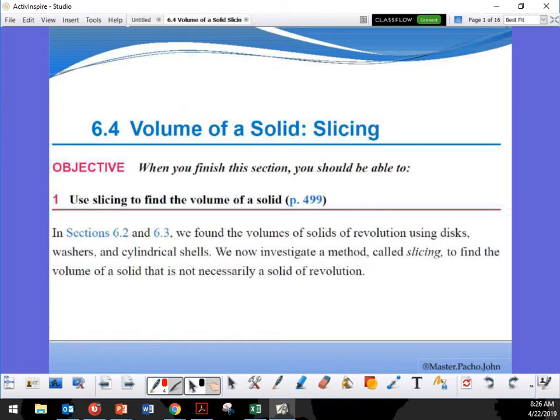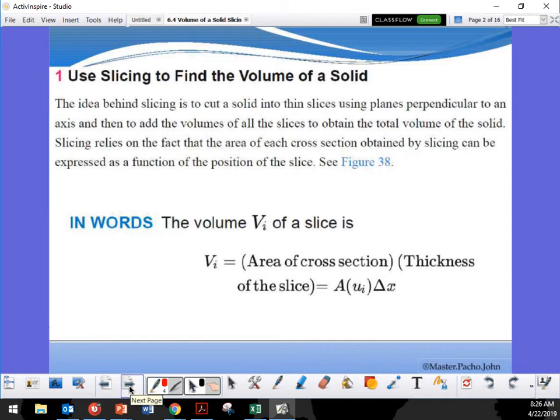Okay, hello. All right, volume of slicing. So this is another way of doing this, but instead of having rotations, we're doing other shapes that are going to be three-dimensional and are going to have a volume.